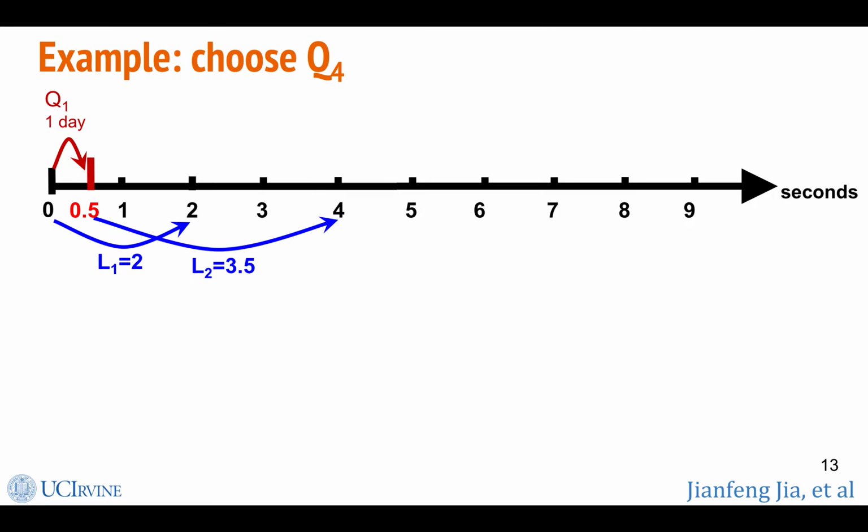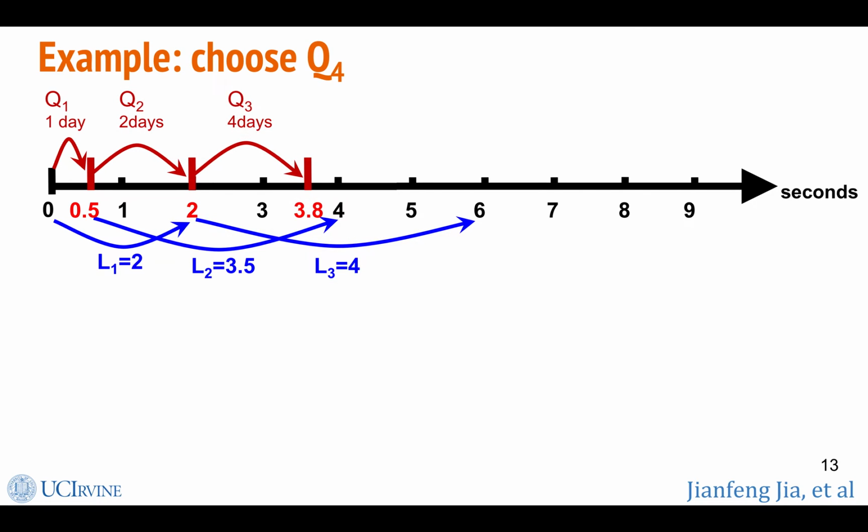Since we do not have enough information for Q2 and Q3, we simply double the size of the range predicate to collect enough information.